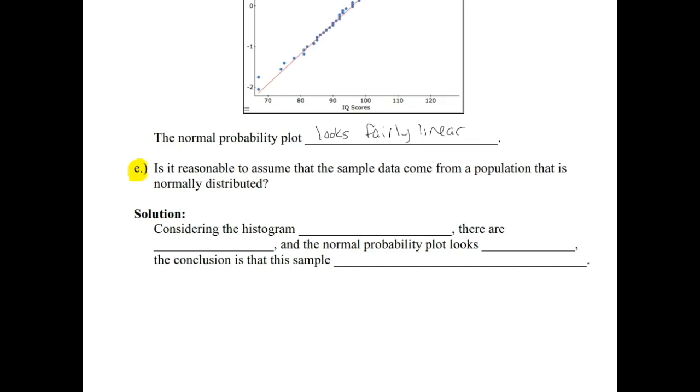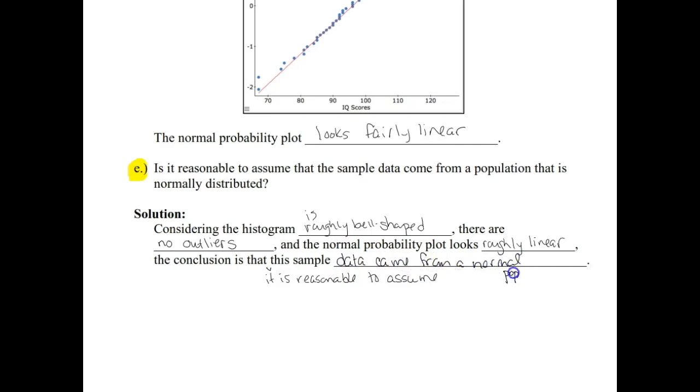Considering that the histogram looked roughly bell-shaped, there are no outliers, and the normal probability plot looks roughly linear, the conclusion is that it is reasonable to assume this sample data came from a normal population.